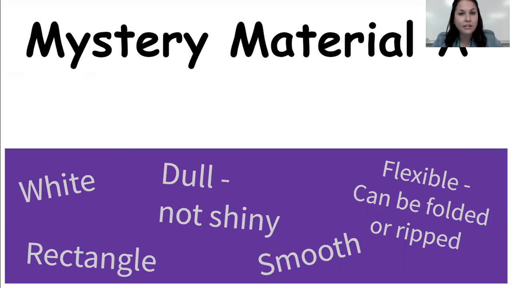What material might I be talking about? I want you to write that down as Mystery Material A. Then when you go to your classwork, you're going to type in what you think I'm talking about for Mystery Material A.